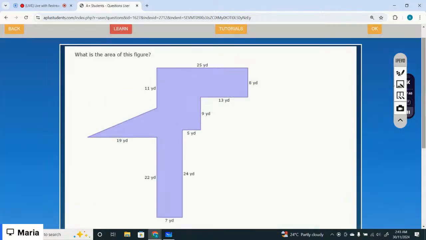Okay, you can complete the lesson by yourself later today. So we were working on grade 7 math. The chapter we were working on is geometric measurements.